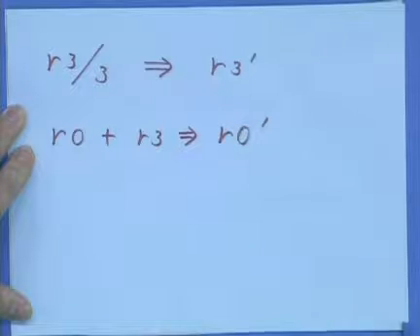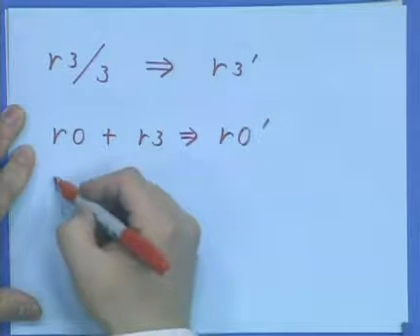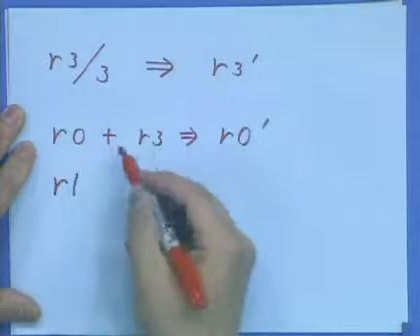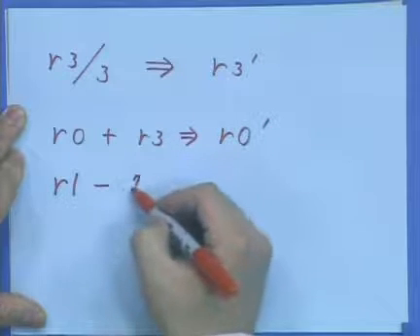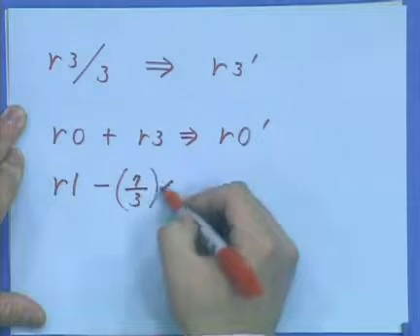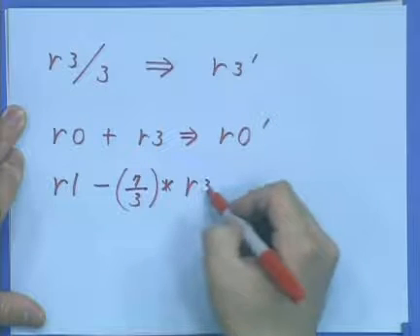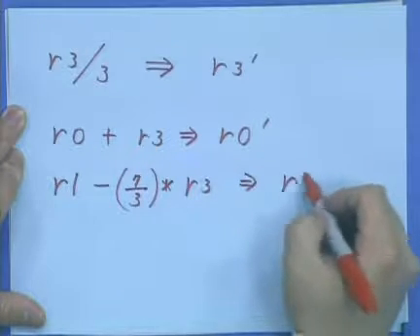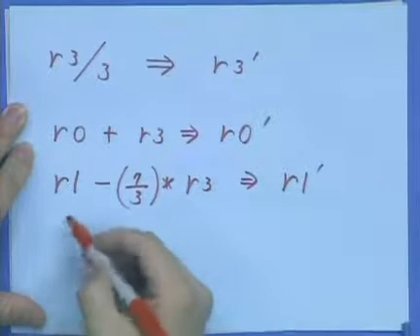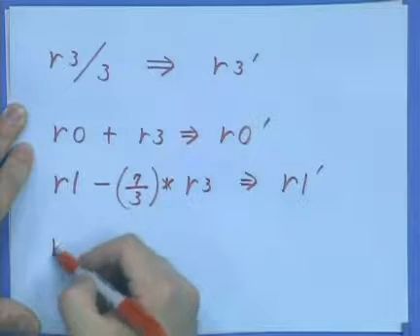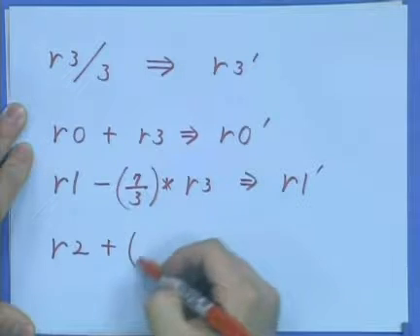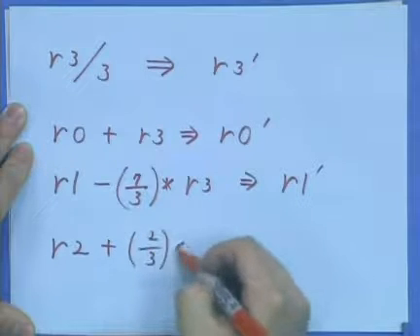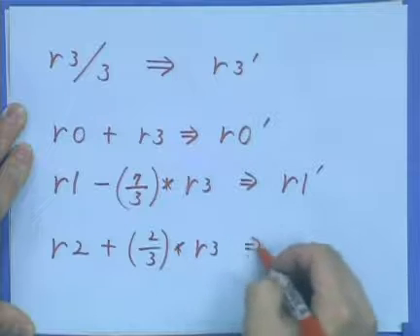Which becomes R0. And the second row, R1, becomes 0 by subtracting 7/3 times the pivot row, okay? And the third row becomes 0 by adding 2/3 times the pivot row, okay?